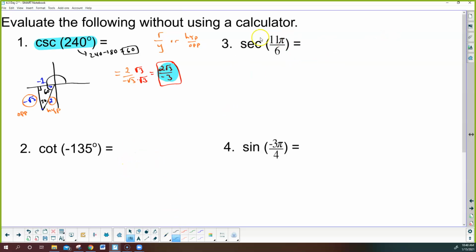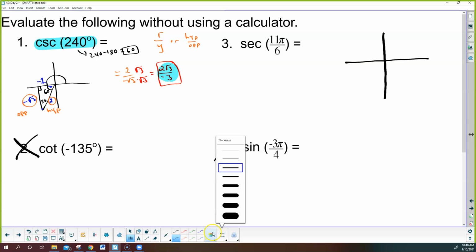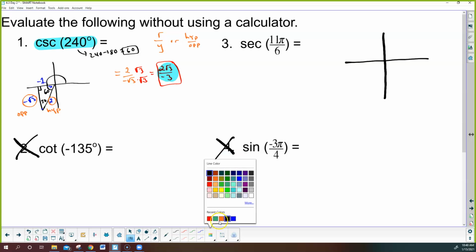Okay, let's look at this last one, and we won't get to these two, which is fine. Let's do 11 pi over 6. So here's the way my brain works. 11 pi over 6. That means pi over 6 is 30 degrees. I'm going to go 11 of them.